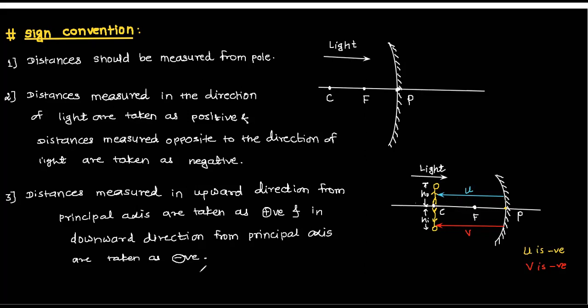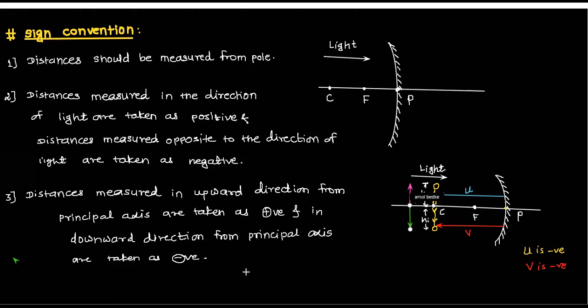So now again you see, from this point you are going in the upward direction. Yes. And for this one you are going in the downward direction. This is the height of image.